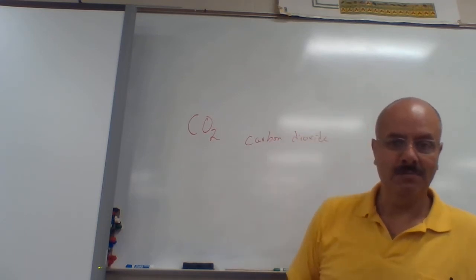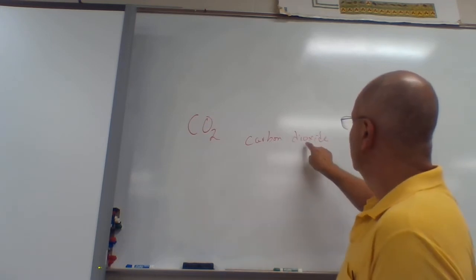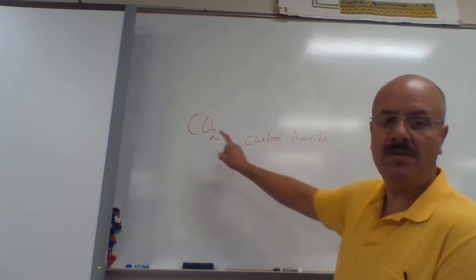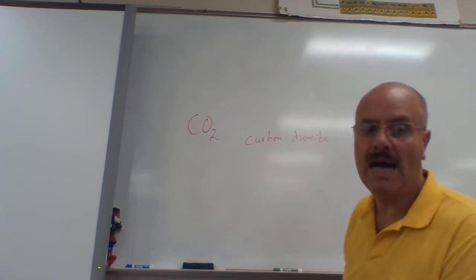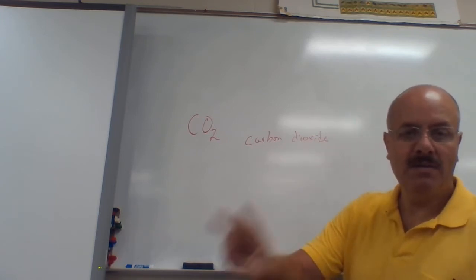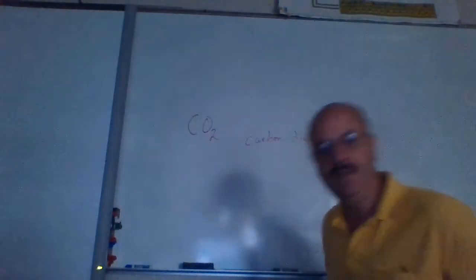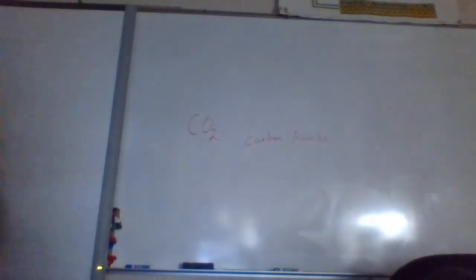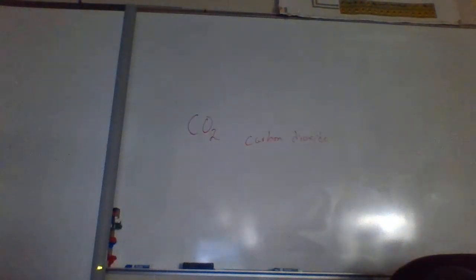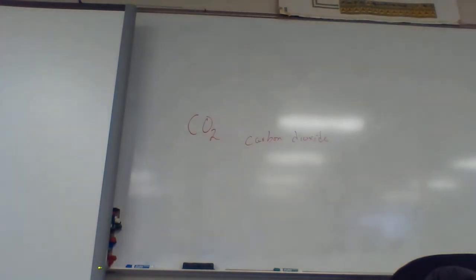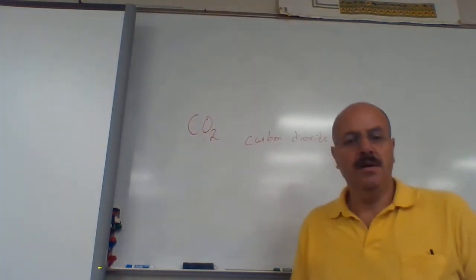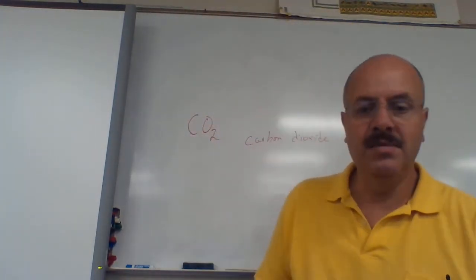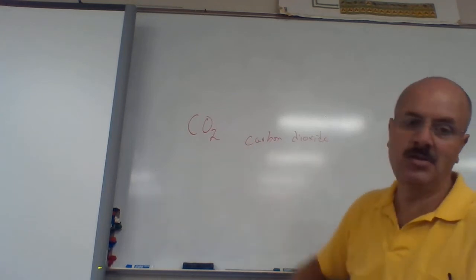So it's oxide because it's oxygen, but notice there's this little prefix in front called di. What does di mean? Two. Di means two. So in carbon dioxide, the di in front means that there are two of them.